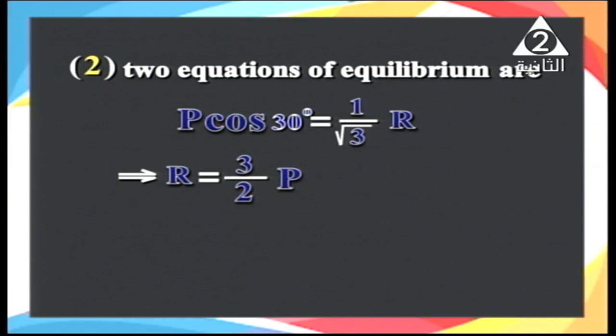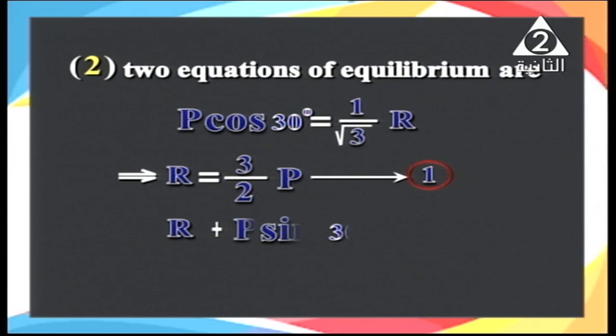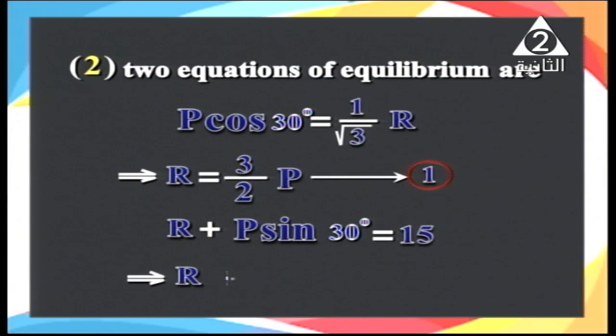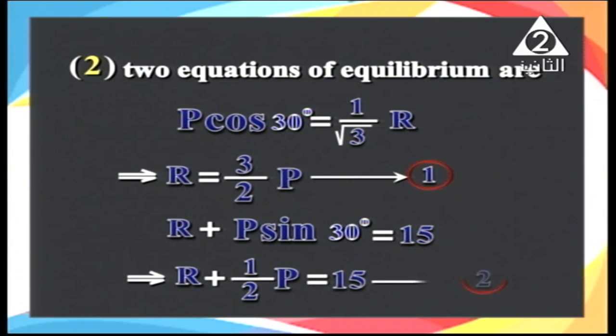By substitution of cosine 30 as root 3 over 2, we deduce that R equals 3 over 2 B. This is equation number 1. R plus B sine 30 equals 15, this is equation number 2. Sine 30 equals half, so R plus half B equals 15. This is equation number 2.